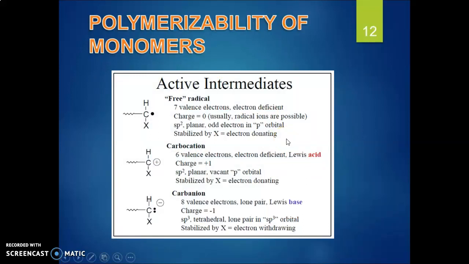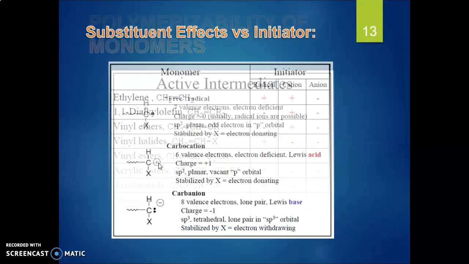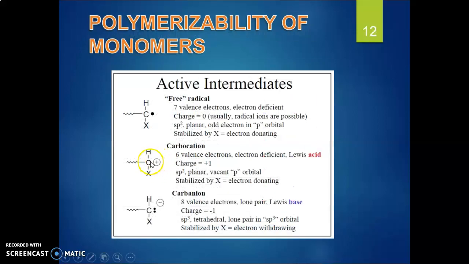So this is the formation of active intermediate. Okay, this is carbon with hydrogen here and the methyl group. This we call the active site. So the 7 electron species, which is electron deficient, has a charge equal to 0; usually radical ions are possible. This is the carbocation, which has a positive active center, which is a Lewis acid.